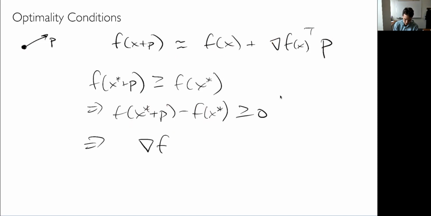So we're saying that this is a minimum if that's true. And that should also make sense just from the definition of a directional derivative. This is saying that any direction I go is at least non-negative, right? It means that any direction I go, the function would increase. But as we talked about before with unconstrained problems, that's impossible unless the gradient of f is 0, right?